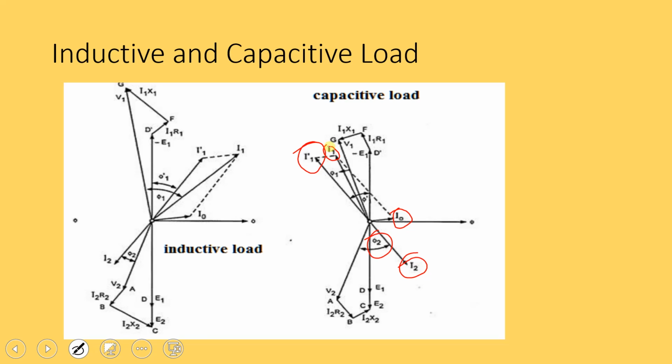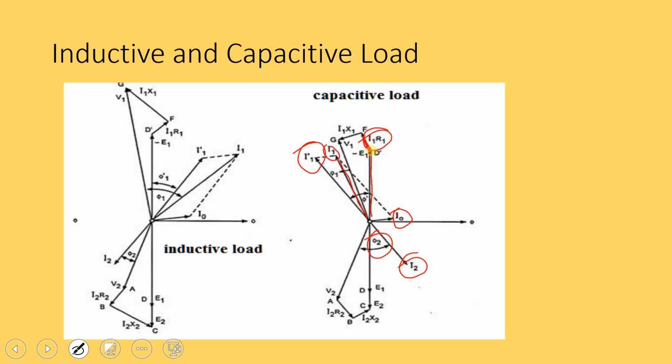Now parallel to this I1 we draw this I1. This is our voltage drop. Why are we drawing it after E1? Because it affects our induced voltage as shown in the equation.